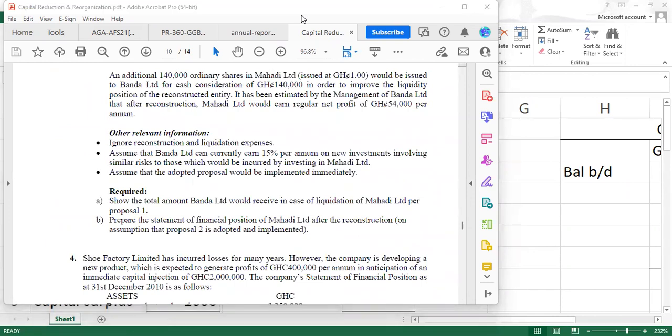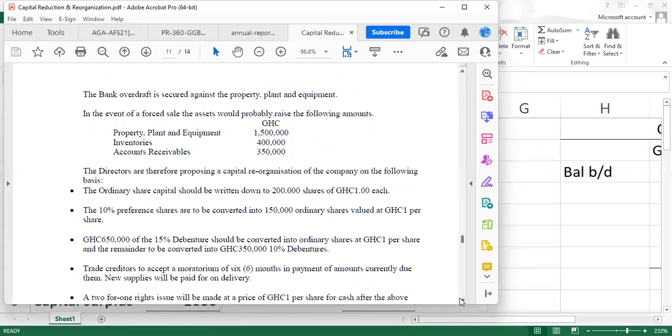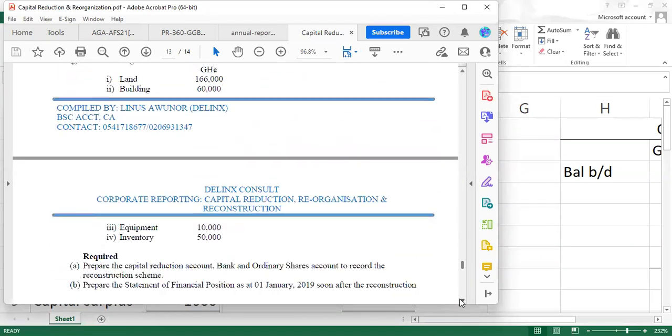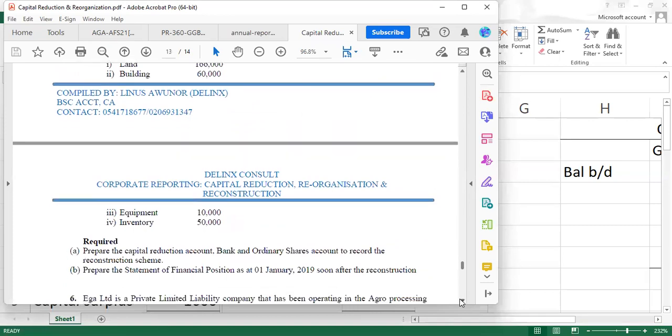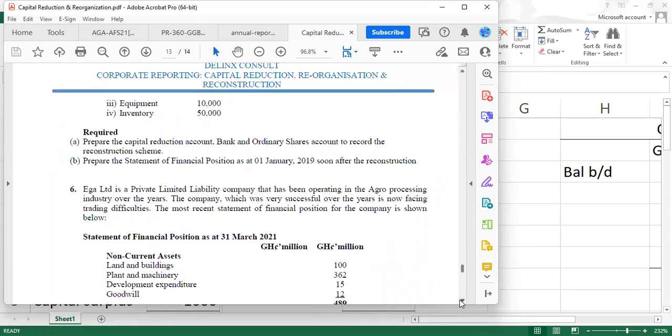If we don't have any question, we are done with capital reorganization. Whatever you are going to meet in the exam is the idea of whether it's a gain or loss. If it is a transaction happening between cash and any other thing, you bring it to cash and the other accounts. That is all.